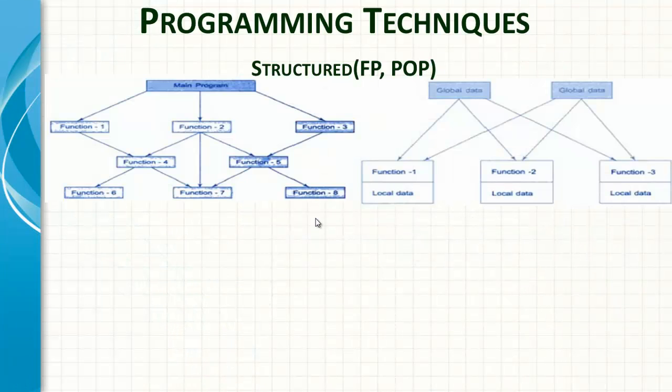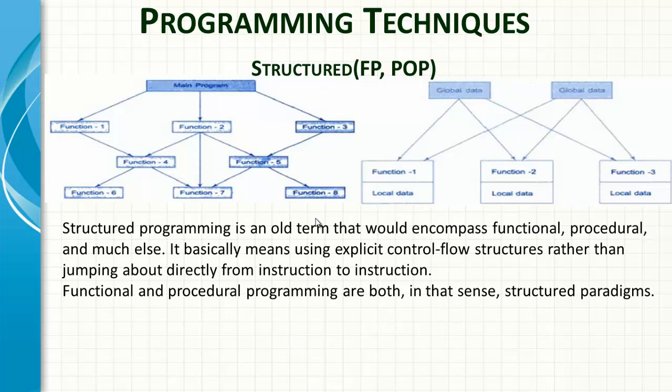In the very beginning, there used to be the structured programming technique, and in this structured programming technique there used to be two important aspects. One was the functional programming and another was the procedural programming. So functional programming was everything was embedded inside functions, and the data versus function relation was that every function had some local data associated with it, and there was some global data being maintained along with the function.